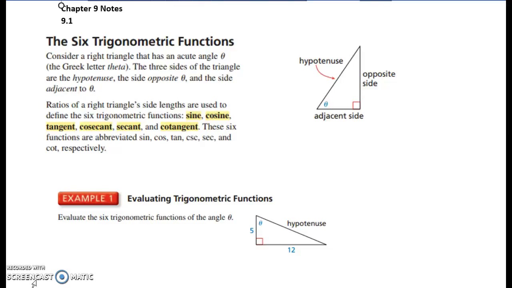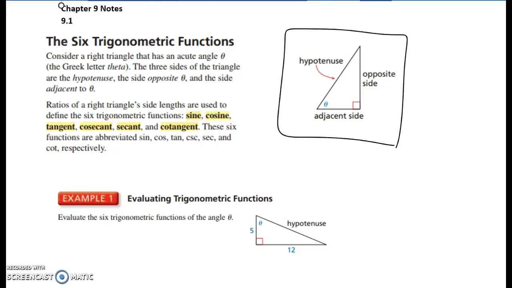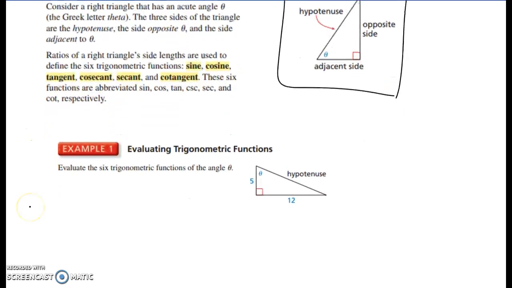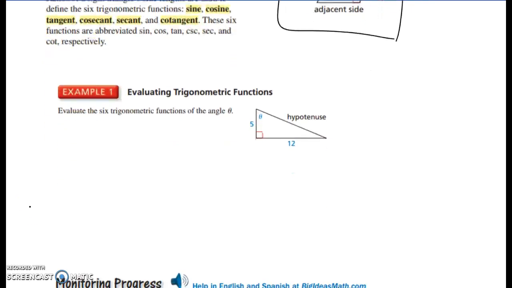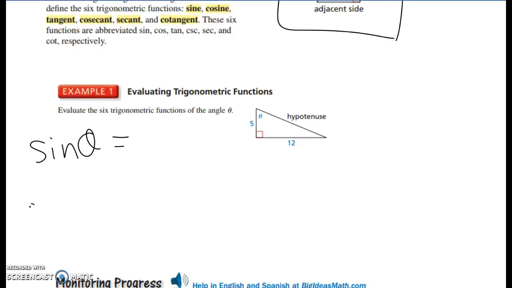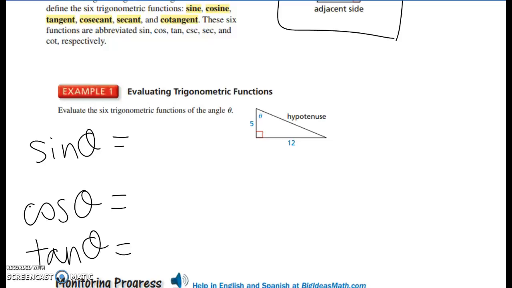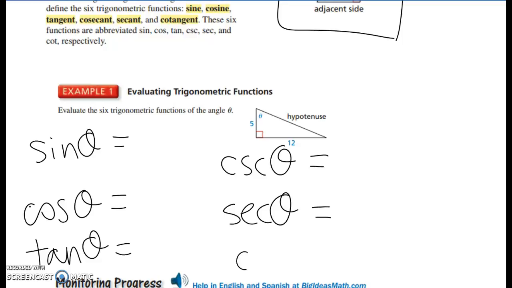Here's my right triangle that we just looked at, and I'm going to go ahead and evaluate the 6 trig functions of my angle in example 1. So I'm going to have sine, cosine, and tangent, and then I will have cosecant, secant, and cotangent.